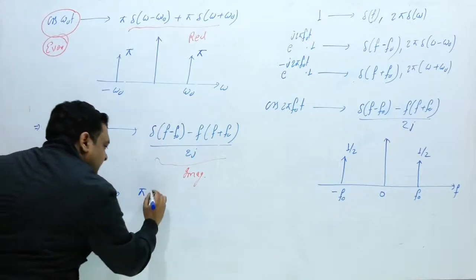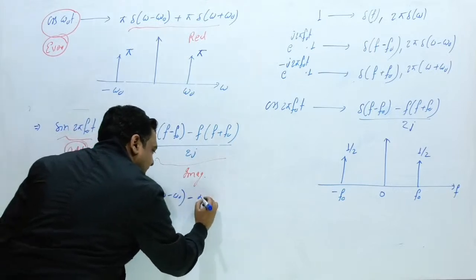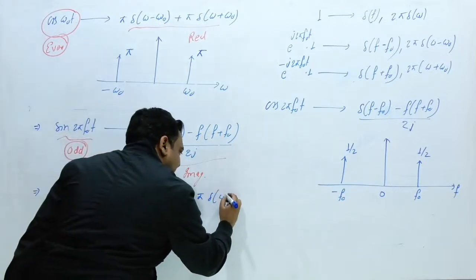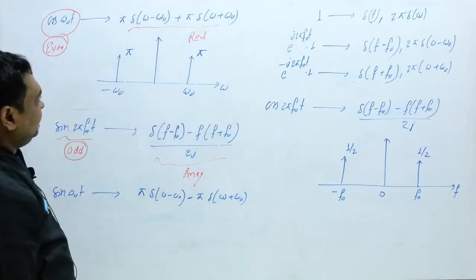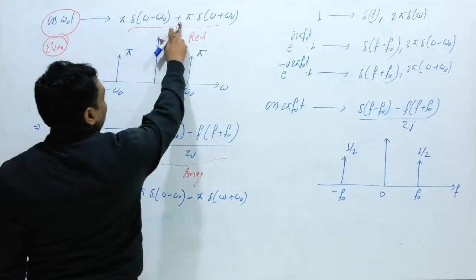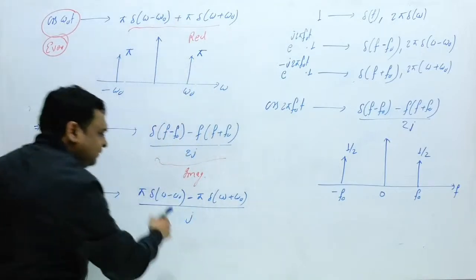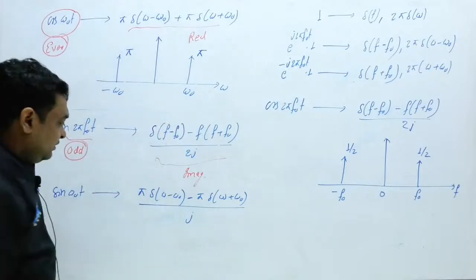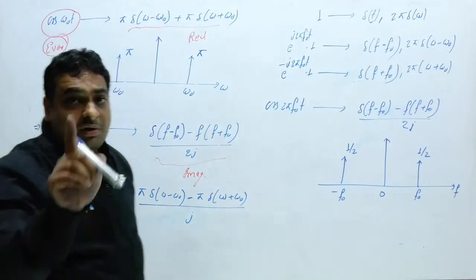This is pi del of omega minus omega 0 minus pi del of omega plus omega 0. So here this term is negative, divided by j. If you put j upside, this will become plus and this will be minus. You have to concentrate on this.